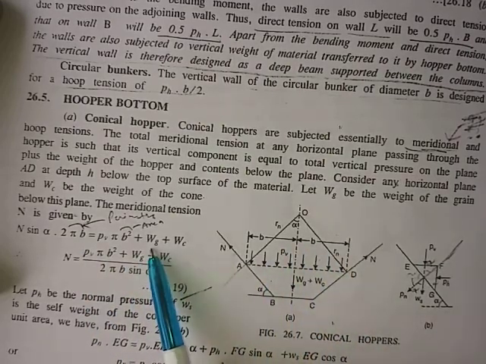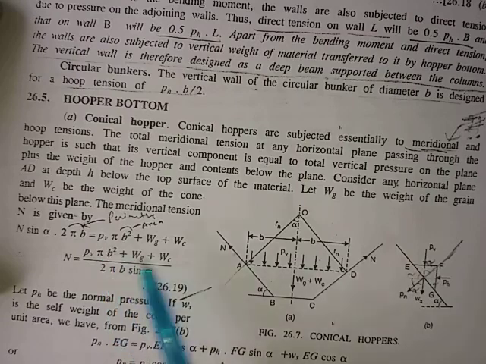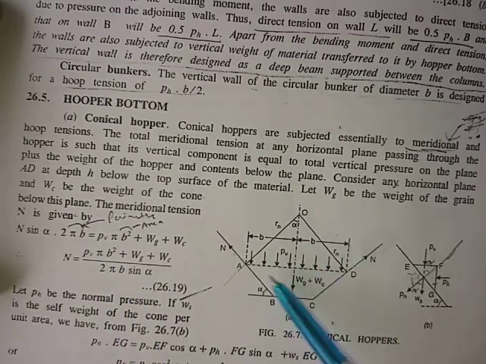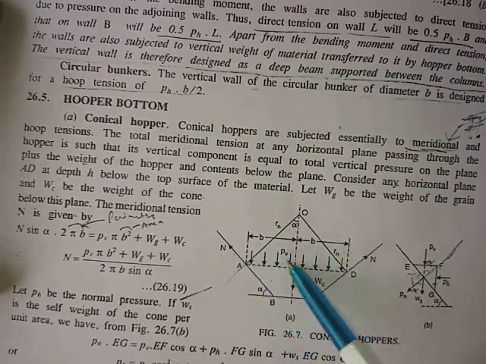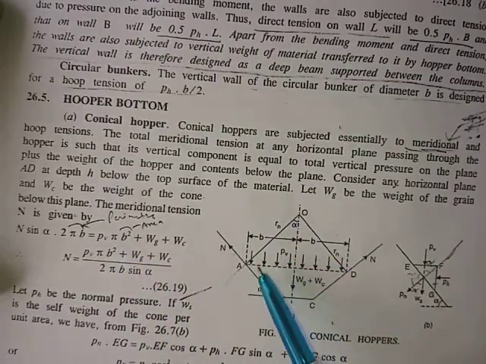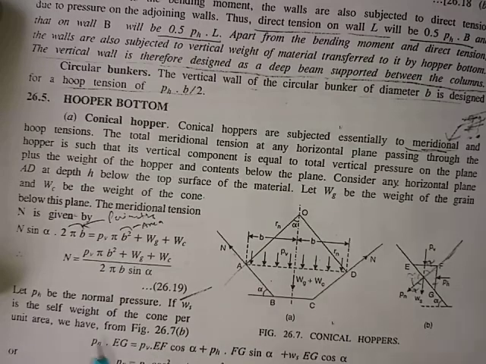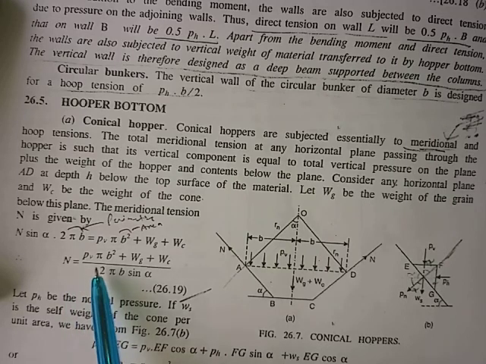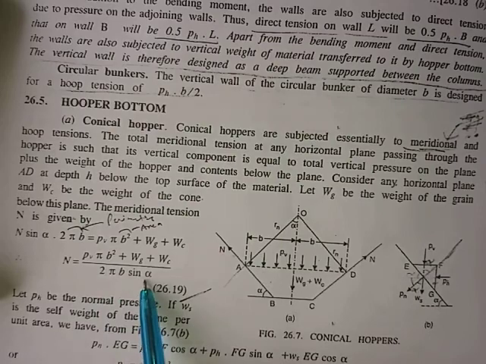So its weight is Wg plus Wc, and Pv is the vertical pressure which is being exerted on this plane in this cross sectional area, that is pi d squared by 4. When we simplify this, we get the meridional tension N is given by Pv pi d square by 4 plus Wg plus Wc, divided by 2 pi d sine alpha.